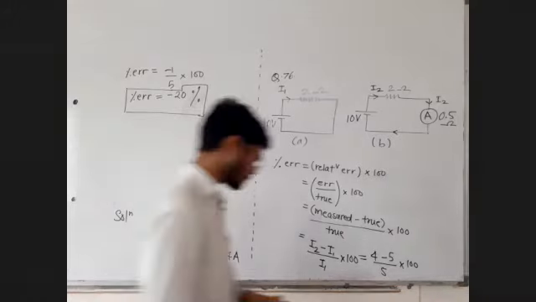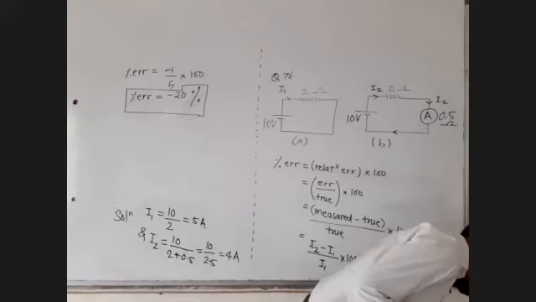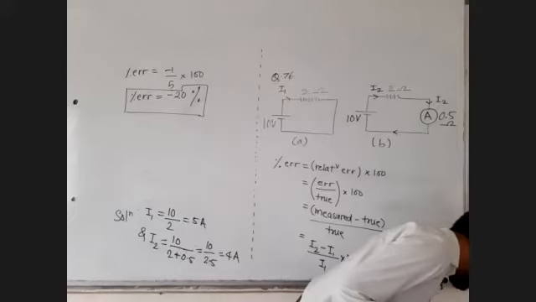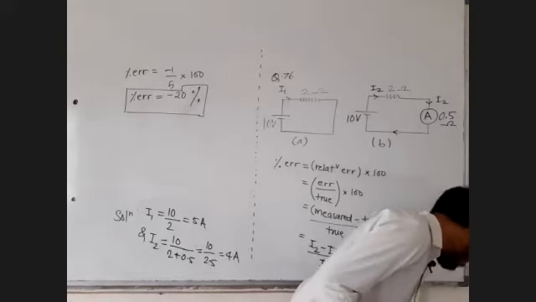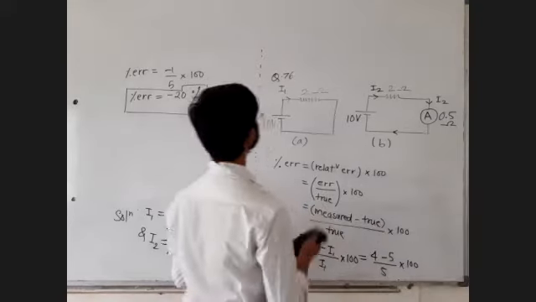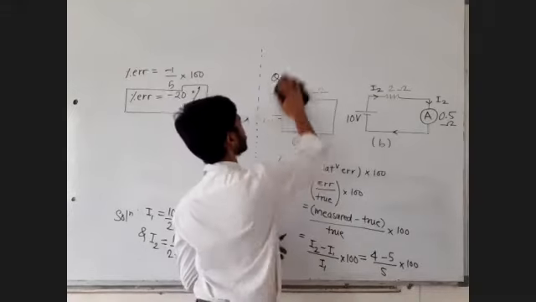Next. Find the reading of the ammeter in this circuit. Is this the current through 6 ohm? Question number 77.